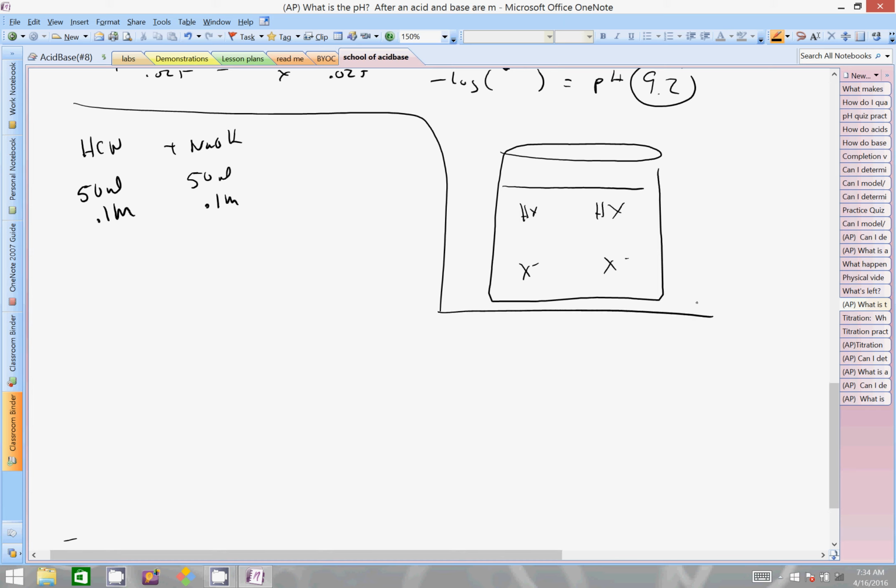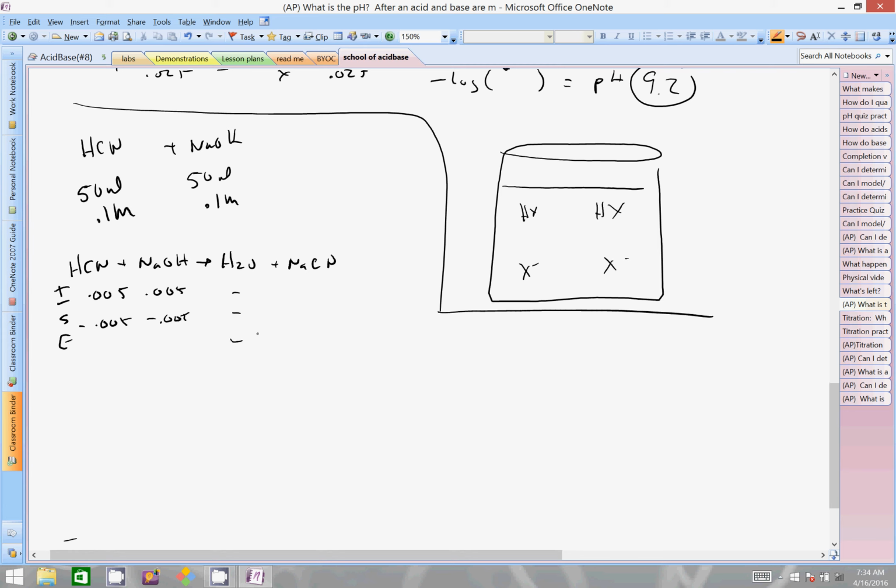We have, in this case, notice all of it's gone. So I have HCN plus NaOH yields H2O plus NaCN. Initial amount 0.005, 0.005. Stoichiometric ratio: minus 0.005, minus 0.005.